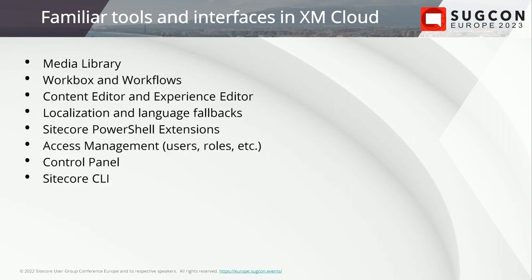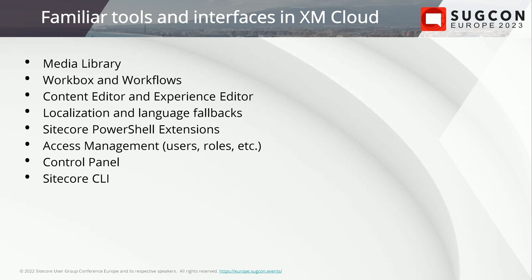Let's look at what we have inherited from XP. We got the good old media library, which is now powered by Azure Blob Storage. However, Edge CDN has a limitation of 50 megabytes per media item. You do have workbox and workflows. You have both editors, content and experience. You do have localization. You can do language fallbacks.